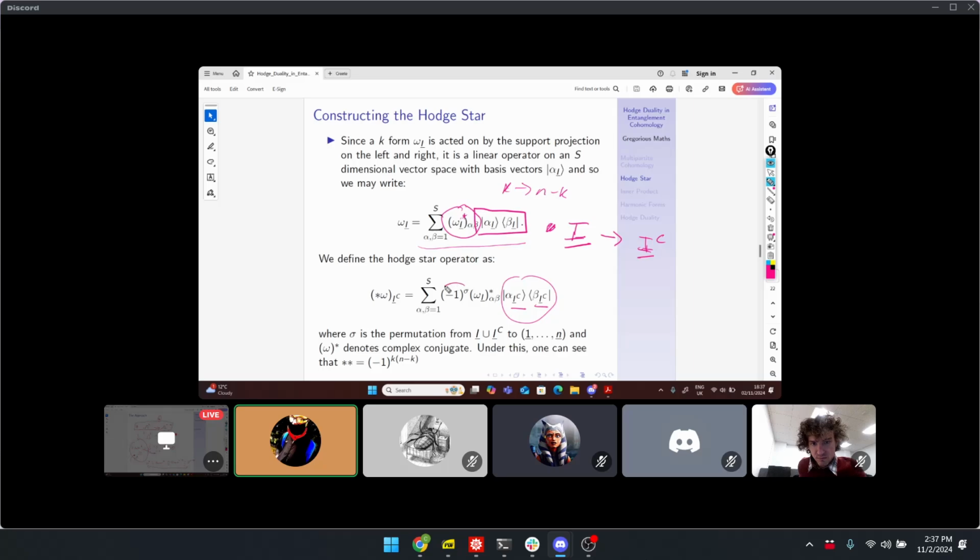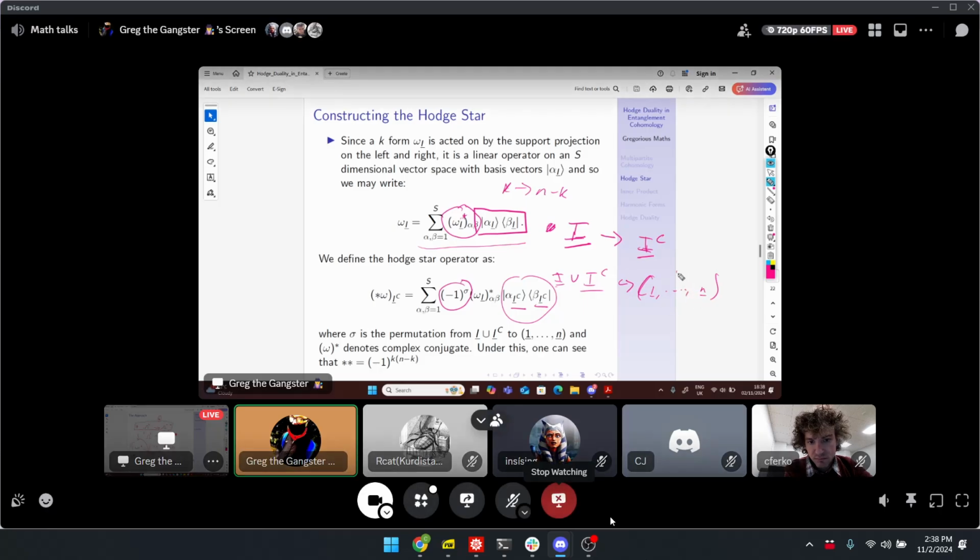Then we also insert this minus sign to account for the shuffling. So this I union I complement isn't in order yet, so we take into account the fact that we have to reshuffle from I union the complement to our original order, our original indexing.